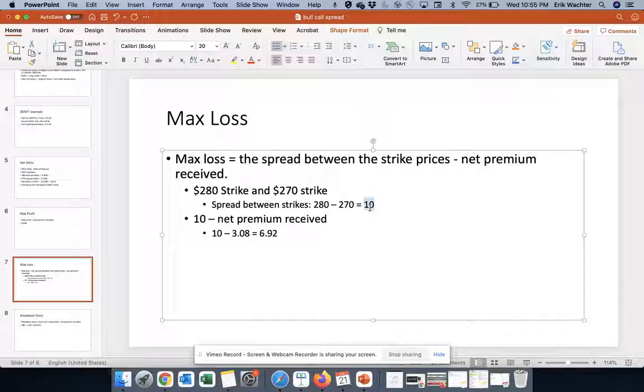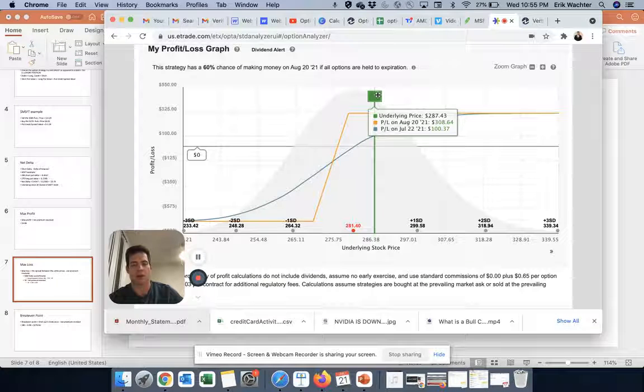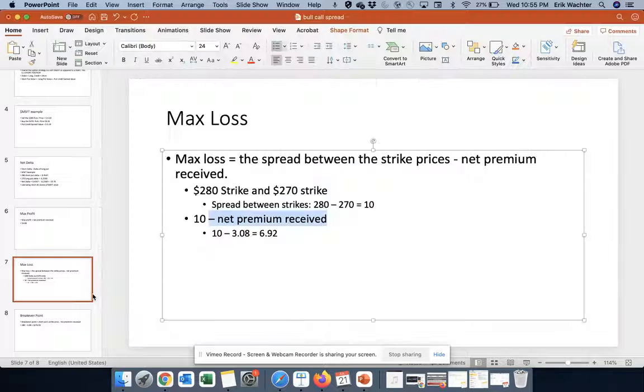The next step is to subtract the net premium received, which we just saw is 308. So 10, the distance between the two strikes, minus the net premium received, 308, gives us $6.92. So on this trade, we can lose $6.92.